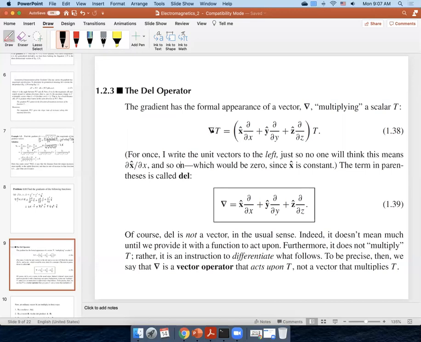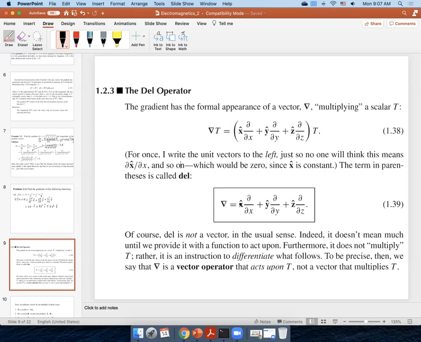We know the gradient of T equals this, and then we can consider the left part in the x, y, z directions as the operator, which is del. So del equals partial over partial x in the x direction plus the y direction plus the z direction.